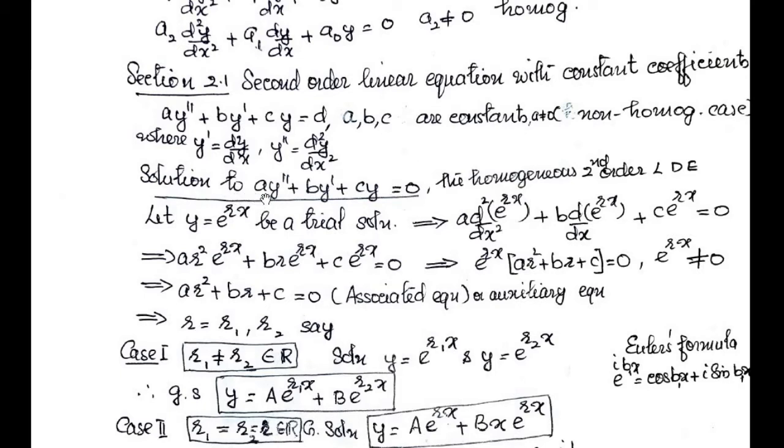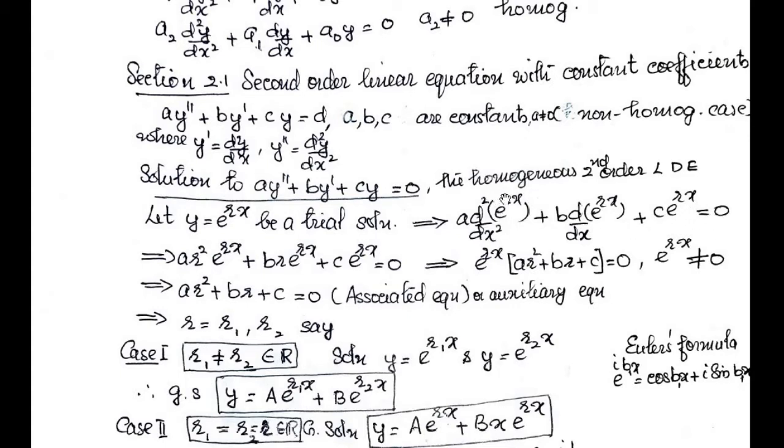For this, we take a trial solution, namely y equal to e raised to rx. This is a trial solution, and we put this function in the given differential equation, getting a into d square by dx square of e raised to rx plus b into d by dx of e raised to rx plus c e raised to rx equal to 0.